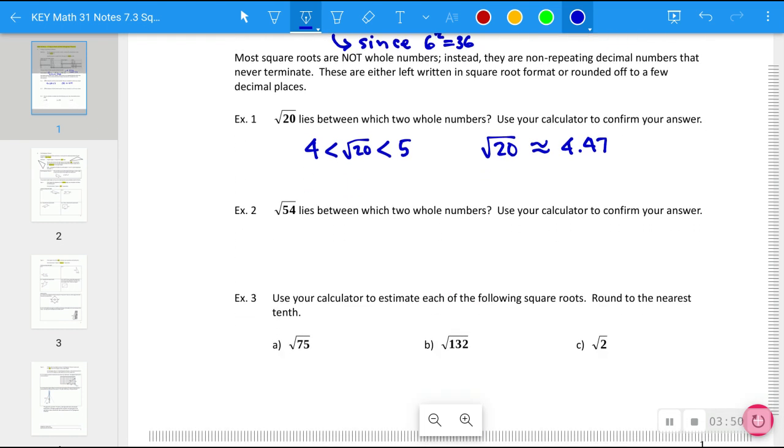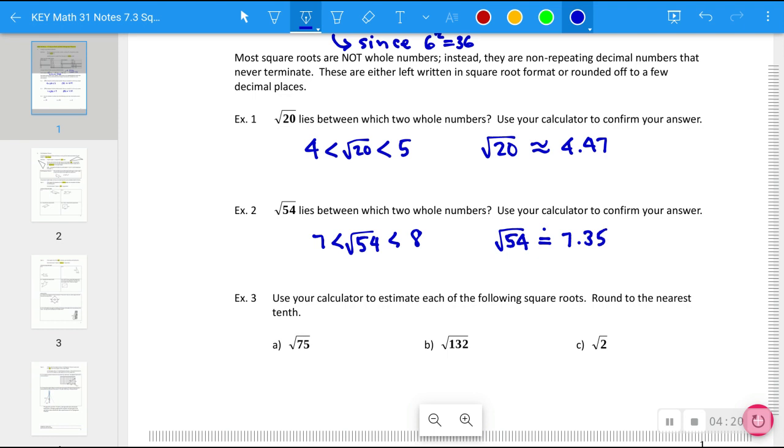Okay, square root of 54. Well, I know 6 times 6 doesn't give 54. That's too low. 7 times 7 is closer, and 8 times 8 overshoots it. So the square root of 54 is bigger than 7 and smaller than 8. In other words, it's between 7 and 8. And if you just simply type square root of 54 on your calculator, it'll give you approximately 7.35.